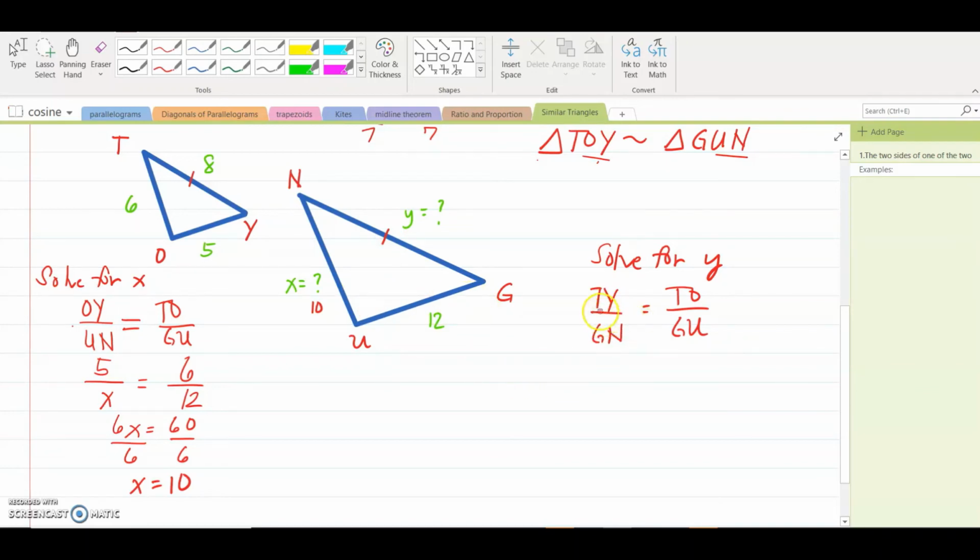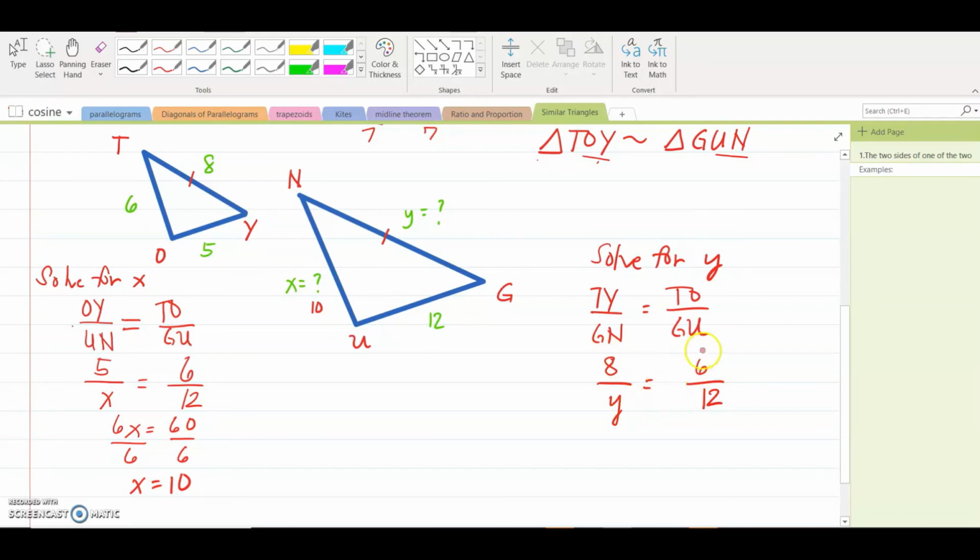So we have TY, which is 8, over GN, which is y, equals, again we're going to use TO over GU, since these are the only corresponding sides where both the numerator and denominator are given. So TO is 6, side GU is 12. So this is now our proportion.